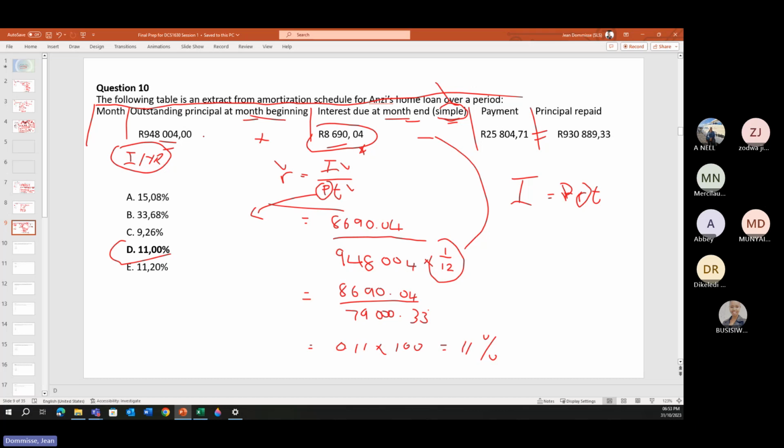They could have given you the outstanding principal at month beginning, the interest rate, and the principal repaid at the end of a month, so that you need to work out the payment. So there are a few things with this set of information that they can manipulate to give you other questions. Just be mindful of that, so that we are prepared for everything that they can throw at us in the exam.